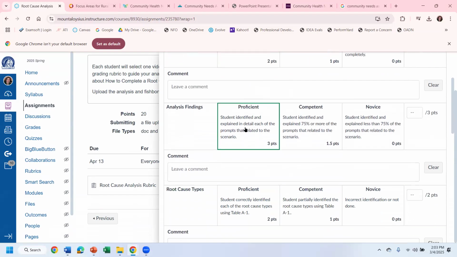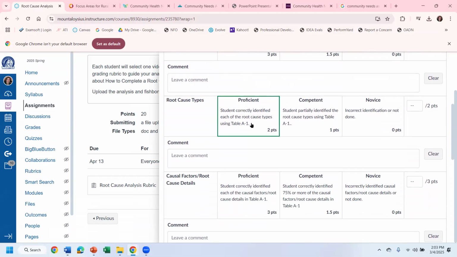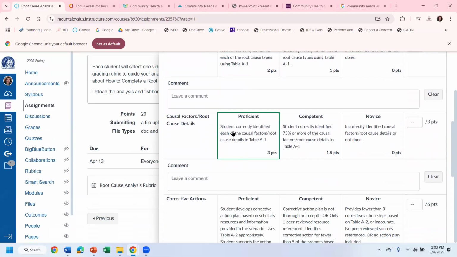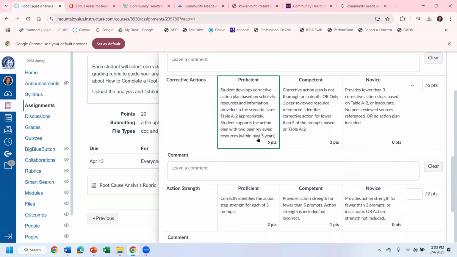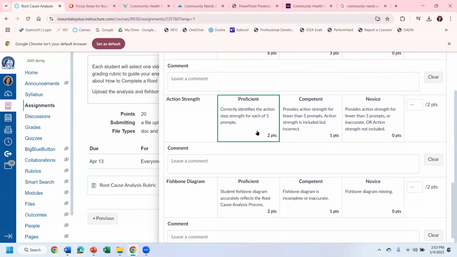You need to identify and explain in detail each of the prompts that are related to the scenario, correctly identify the root cause types using table A1, the causal factors using A1, the corrective actions, and this is where you're going to use table A2, and you're also going to support your plan with at least 2 peer-reviewed resources, journal articles.